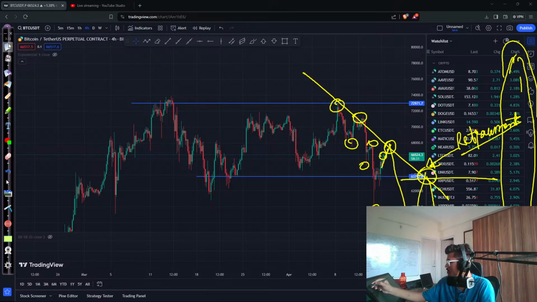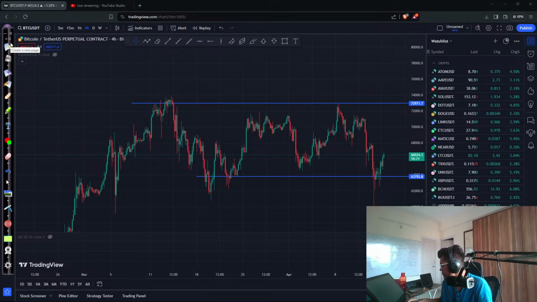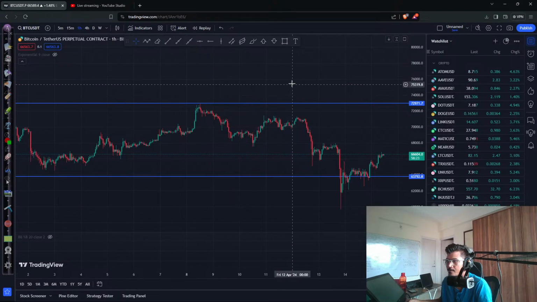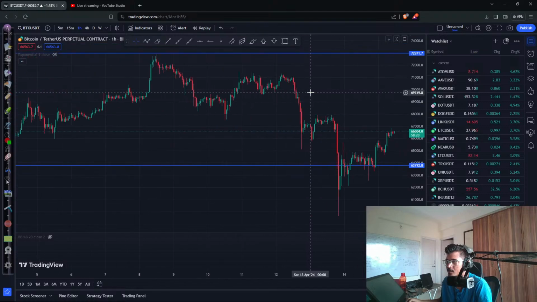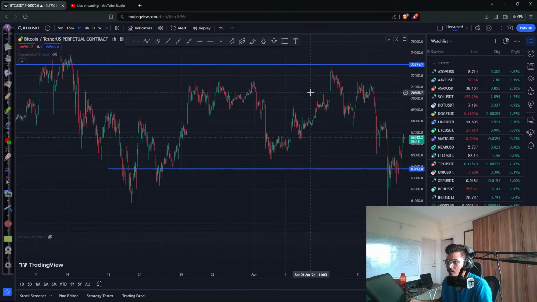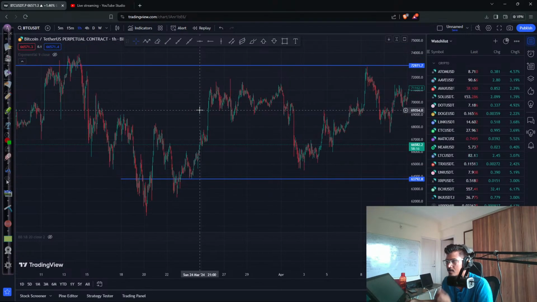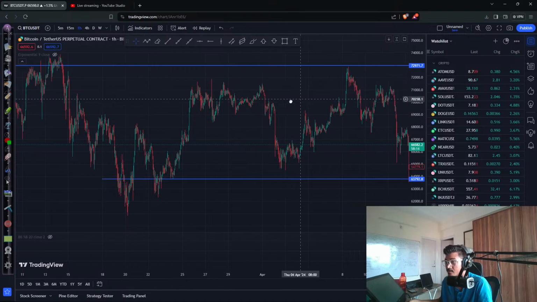Yeah, so this was Bitcoin, and let's go even further down to the 1 hour time frame. We see the same story on 1 hour too. There are just more candles.